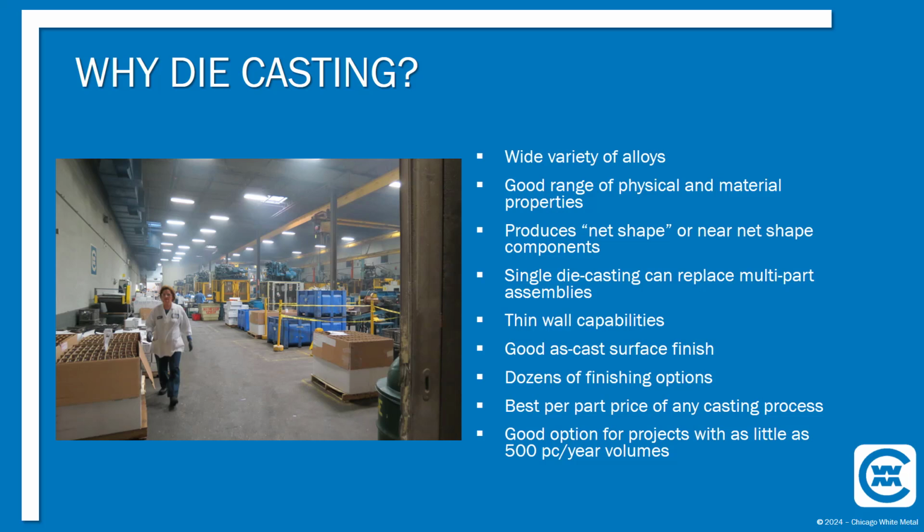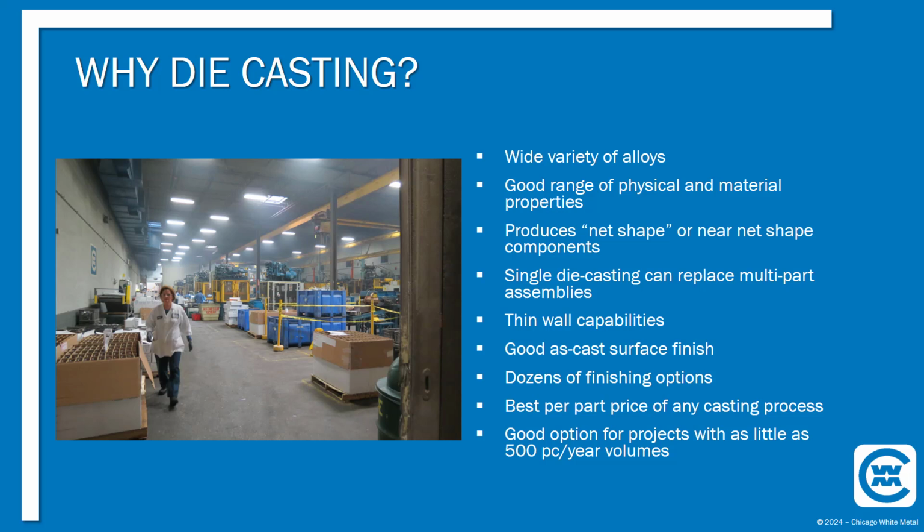Good thin wall capabilities, good cast surface finish. Sometimes die castings can be used exactly as they come out of the tool with no surface finish added. Other times you require paint or shot blasting or a wide variety of coatings that we'll talk about here in a minute.